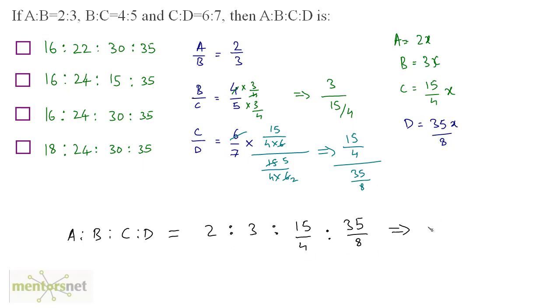So 8 times 2 is 16 is to 8 times 3 is 24 is to 15 by 4 times 8, so 4 times 2 is 8, so we have 15 times 2, so 30, is to 35. So we have found our answer, which is option number C.